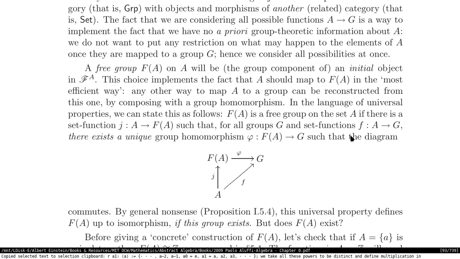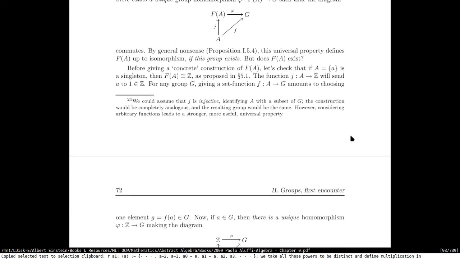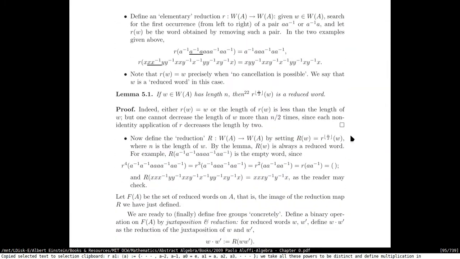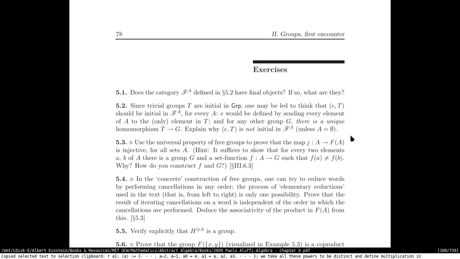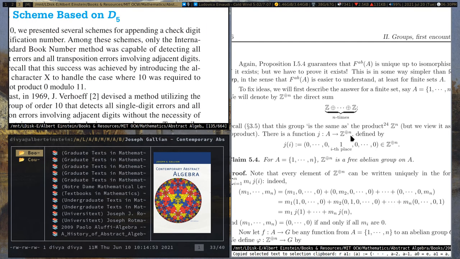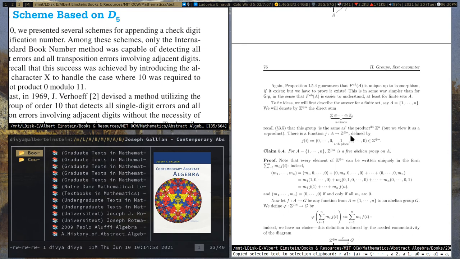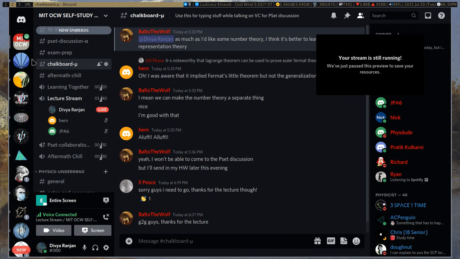So that was all about the categorical way of doing some group theory. We're not going to see much more, maybe we can try and devote the free time we have to these things, because in any way it's better.